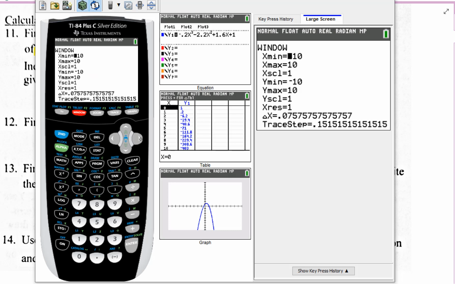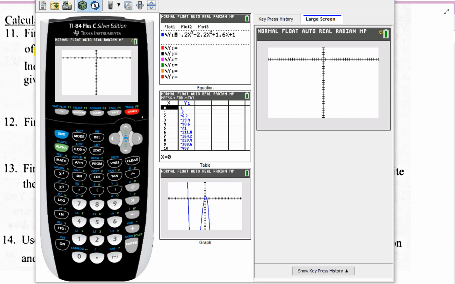So maybe I'll do negative 25 to positive 25. And then I want to see more of the negative part of the y-axis because I want to see more below. So I'm going to say negative 25. But I also noticed I don't need to see much above there. So I'm going to say about 5 for the y-axis.